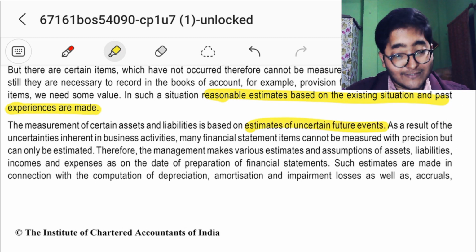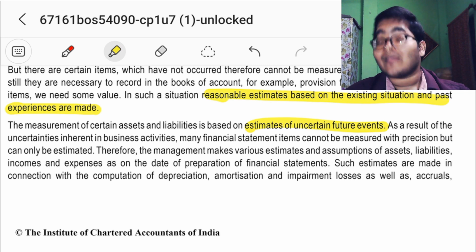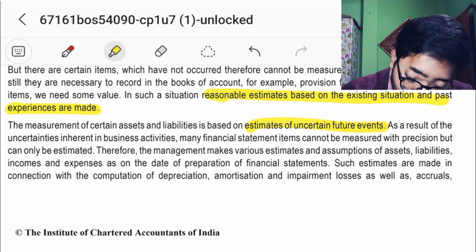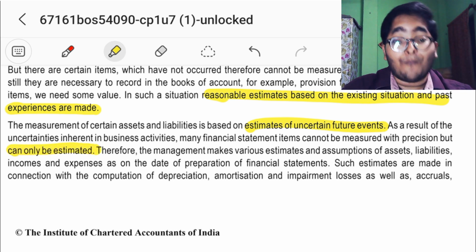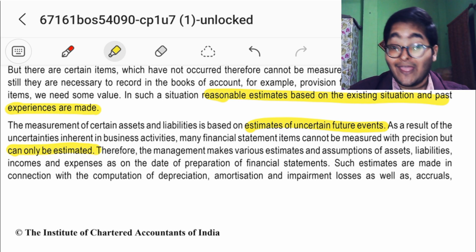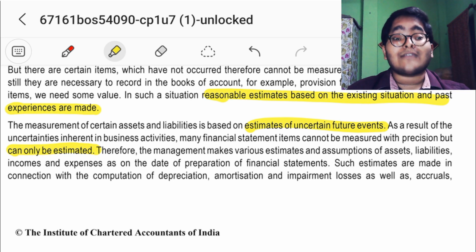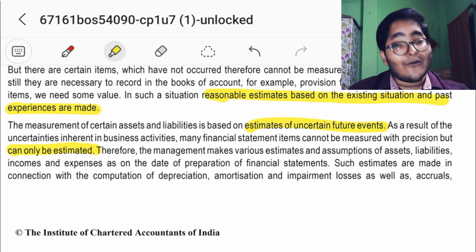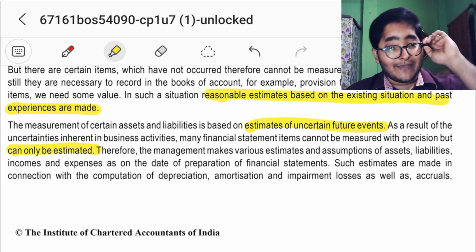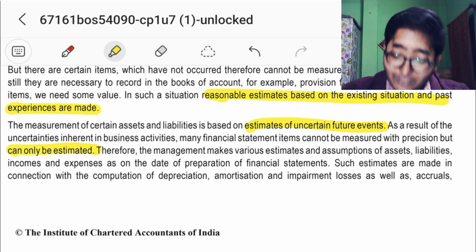As a result of uncertainties inherent in business activities, many financial statement items cannot be measured with precision but can only be estimated. बहुत फाइनेंशियल स्टेटमेंट्स का आइटम्स रहता है जिसको हम लोग एक्यूरेटली मेजर तो नहीं कर सकते हैं, लेकिन एक एस्टिमेट जरूर कर सकते हैं. उस एस्टिमेट को हम लोग अकाउंटिंग एस्टिमेट कहते हैं। क्यों? वो उसको उस एस्टिमेट्स को अकाउंटेंसी में कंसीडर करना बहुत इंपॉर्टेंट होता है, इसीलिए हम लोग उसे अकाउंटिंग एस्टिमेट्स कहते हैं। और ये जो अकाउंटिंग एस्टिमेट्स है ना, इसको भी हम लोग मॉनेटरी यूनिट्स में डिफाइन करते हैं। These accounting estimates are recognized or shown in terms of money only.